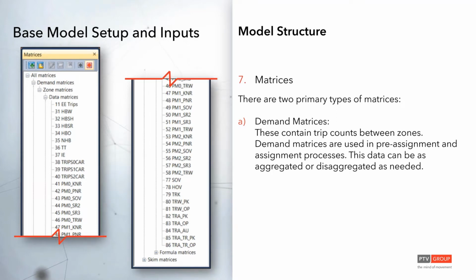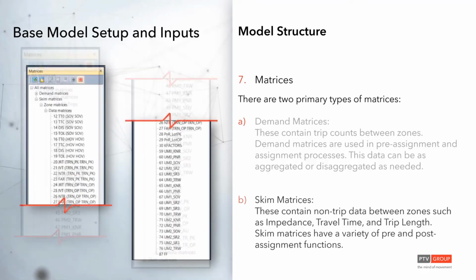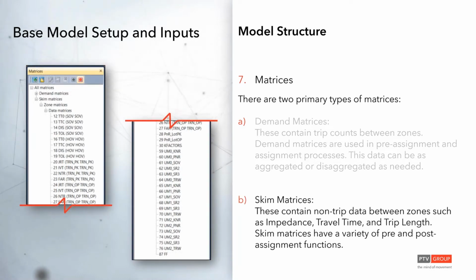The other variety of matrices that we have are called Skim matrices, and these represent some sort of non-trip based data between the zones. Some examples of this are level of impedance between the zones, travel time between the zones, trip length between the zones. And these are used again in the pre-assignment process as well as the post-assignment analysis, right?